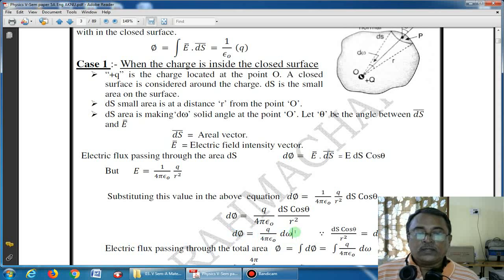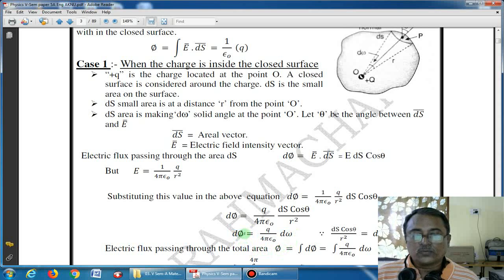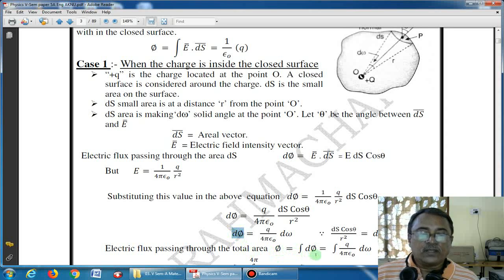So, to get the total flux, that is phi, this small quantity of flux passing through the small area, d phi, is to be integrated. So, phi is equal to integral d phi, and this is equal to integral q by 4 pi epsilon naught into d omega.